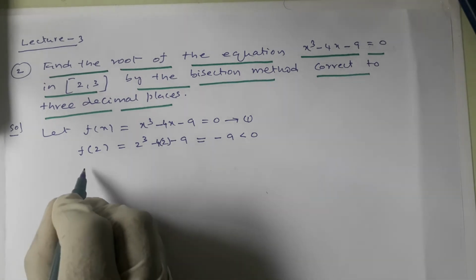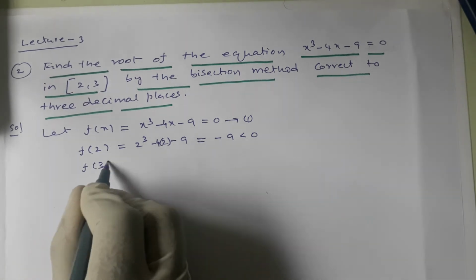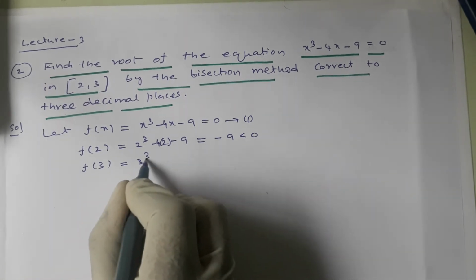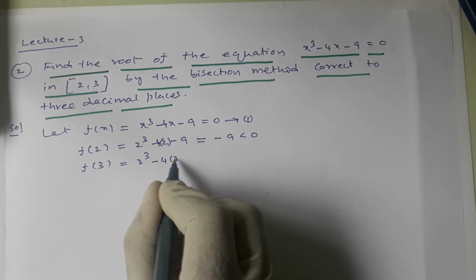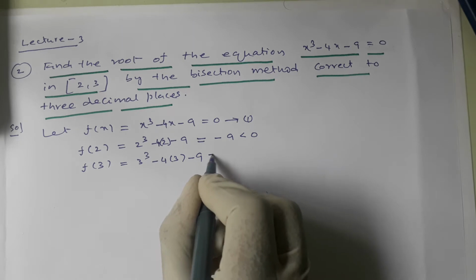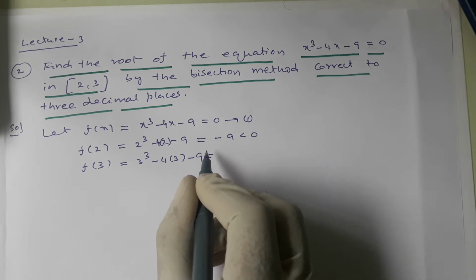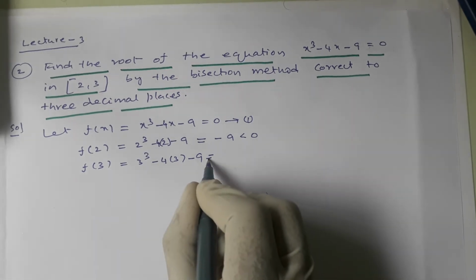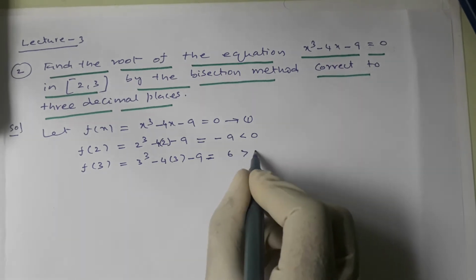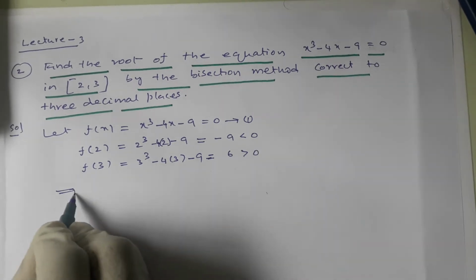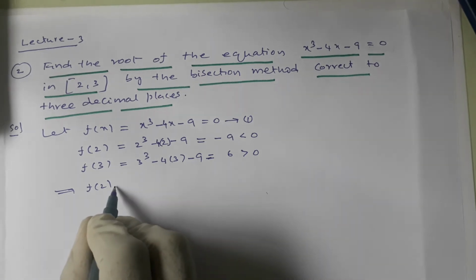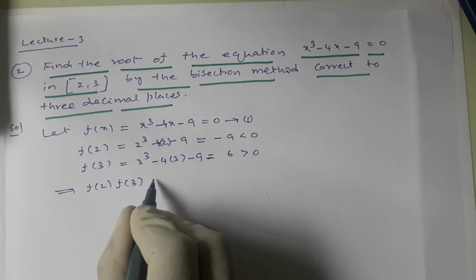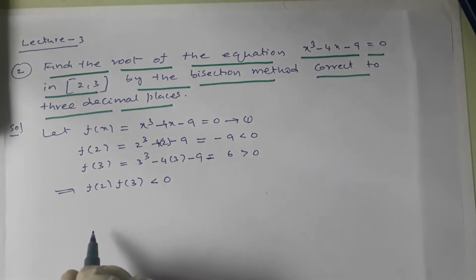So f of 3 is equal to 3 cube minus 4 into 3 minus 9, which is equal to 6, greater than 0. This implies f of 2 into f of 3 is less than 0.